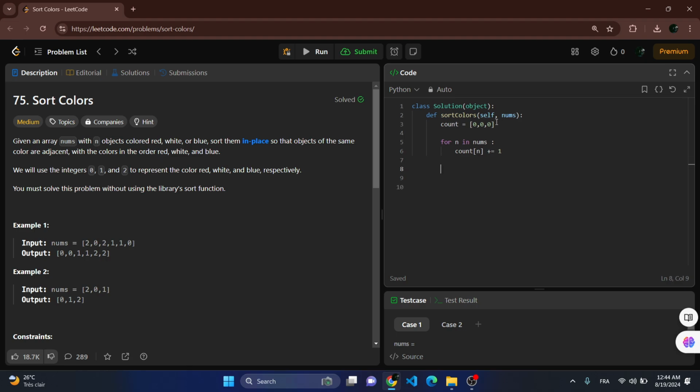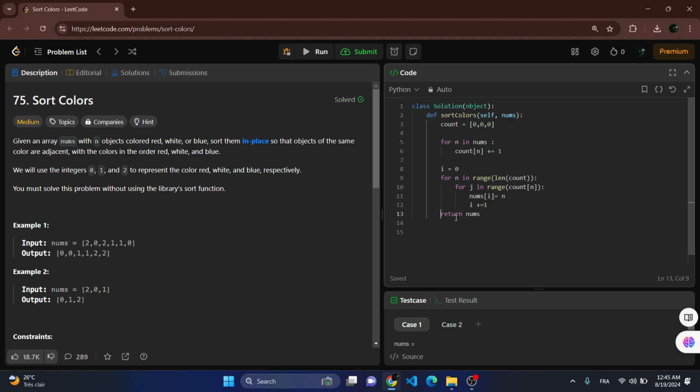So we continue. i equals 0, for n in range(len(count)), for _ in range(count[n]), nums[i] = n, i plus 1. Return nums. So let's see what I have done here.